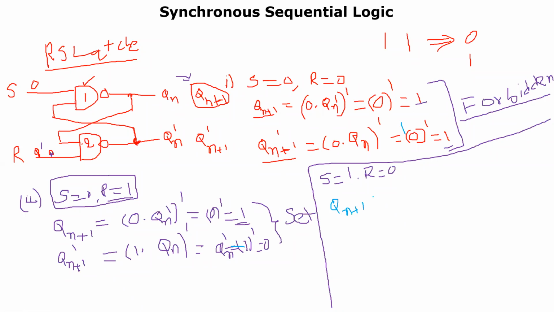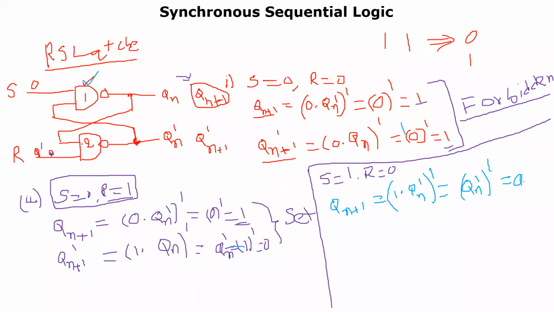is equal to Qn plus 1, in the sense, at the first gate, one of the inputs is 1 into second input is Qn complement, so Qn whole complement. That could be equal to 1 into Qn complement equal to Qn complement. So Qn complement whole complement will be equal to Qn.